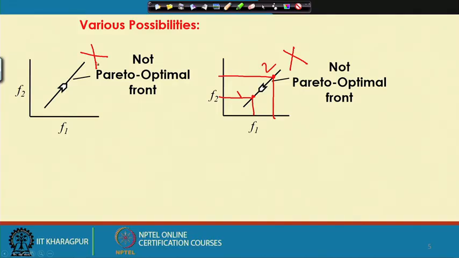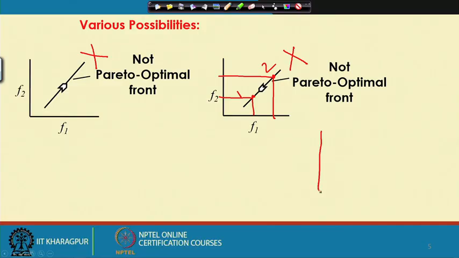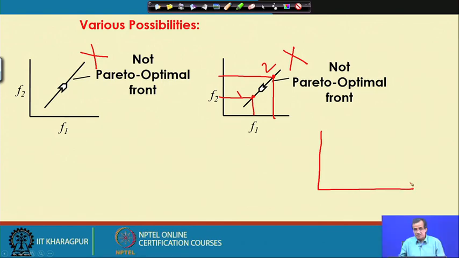Here my aim was to minimize both F1 and F2. Now, let me consider another problem where I am going to maximize both F1 and F2, and supposing that I am getting a front like this. Let me check whether this is a valid Pareto optimal front or not.